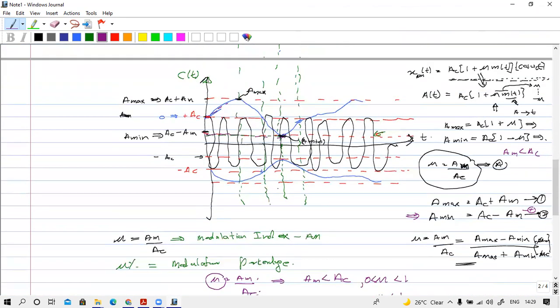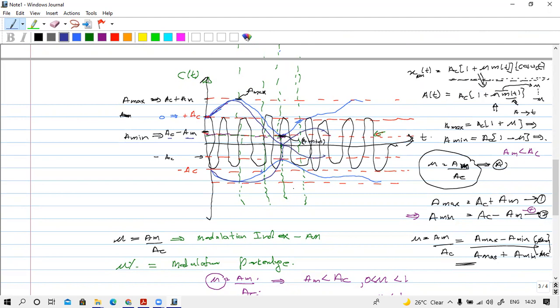So you can see that if AC and AM are equal, AC minus AM will come to 0. So this will go to 0 like this, and this line will also go to 0 like this.